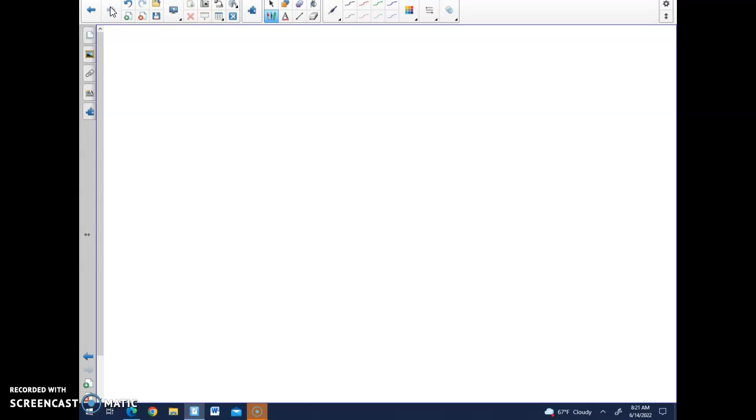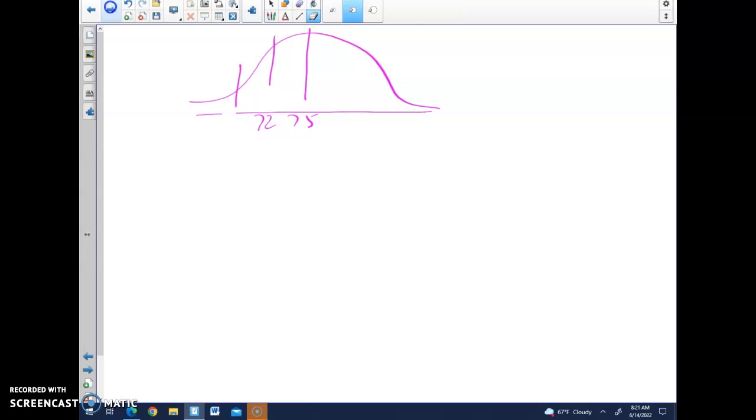Now, here with the normal curve, standard distribution, we're at 75 with a deviation of 3. So 72, 69.